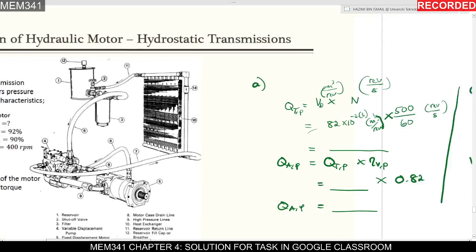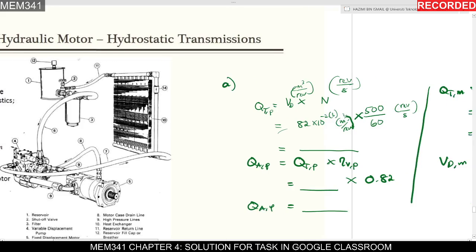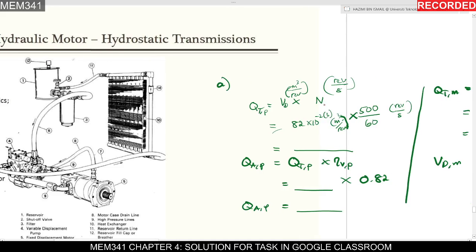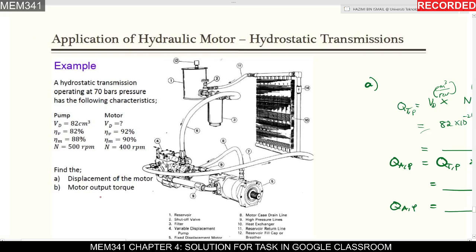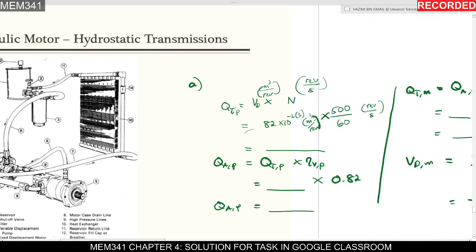Where do I get the value of speed? It is given in the question here, 500 revolutions per minute, RPM, but we have to convert the RPM into revolutions per second, so you have to divide it by 60 because there are 60 seconds in 1 minute.